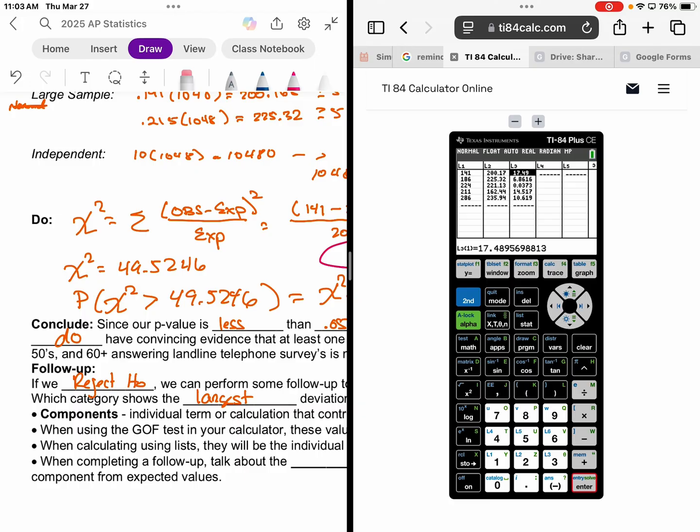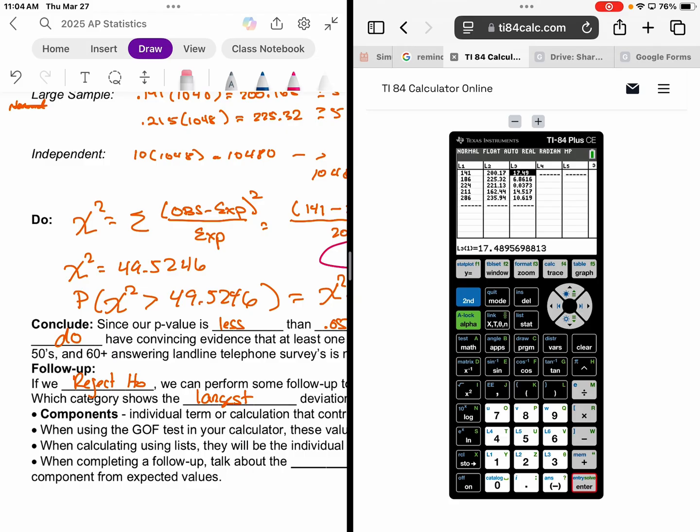Now, when you look at it, the 20-year-olds had a lot lower observation of what actually happened compared to what they were expecting. Whereas the other way, the 50-year-olds, it was a lot higher than what they were expecting.